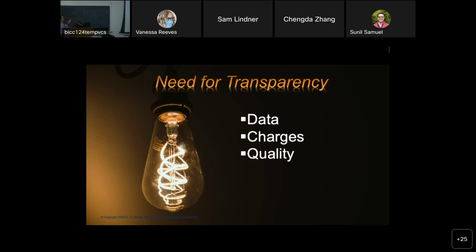And then there's quality, right? There's no transparency about quality. It's kind of absurd. If you come to me as a doctor and you have whatever problem, let's say you hurt your hip and you need a procedure done, you need to see a specialist, you're going to say, who should I see? And I'm going to say, oh, see Dr. So-and-so. And then you should say, how do you know Dr. So-and-so is good?